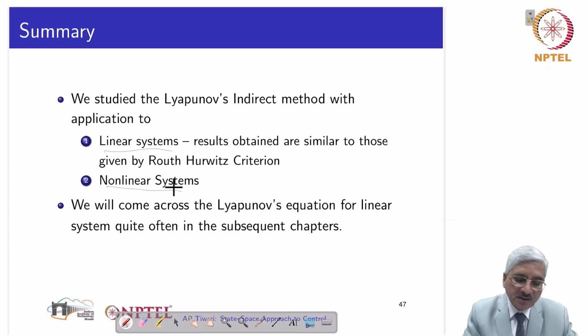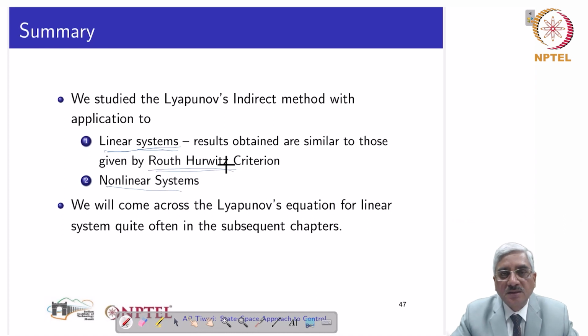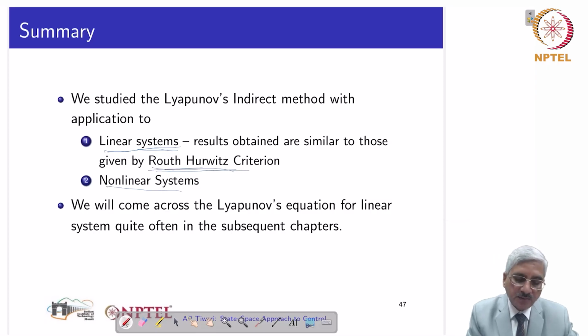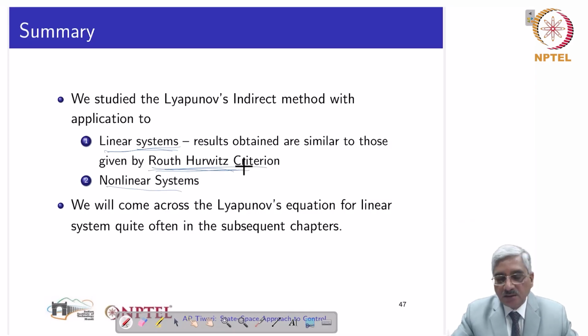Then what we see is that in case of linear system, this is a statement without proof, the results obtained by application of Lyapunov's stability criterion are identical to those obtained by Routh-Hurwitz stability criterion.